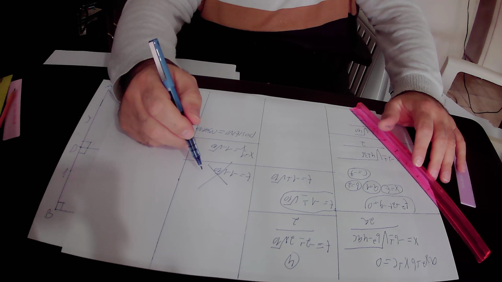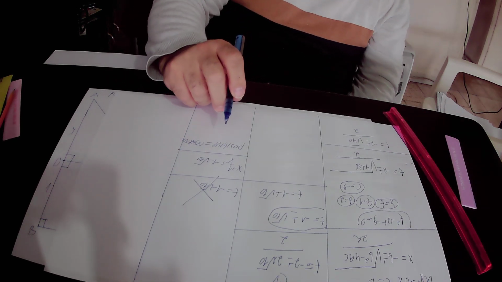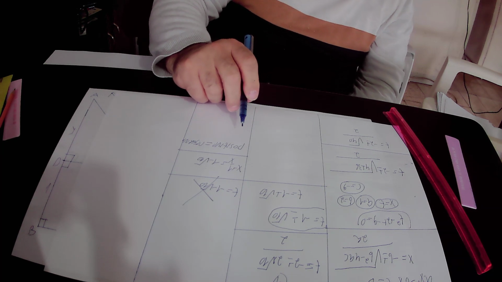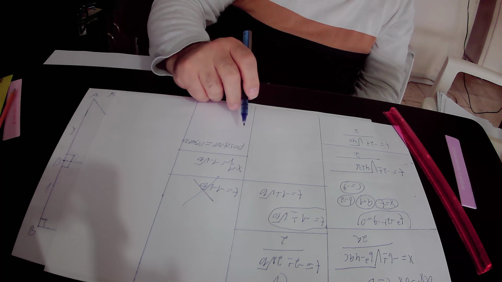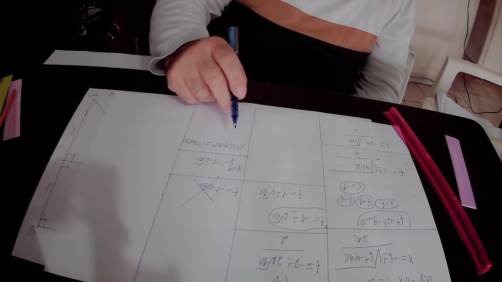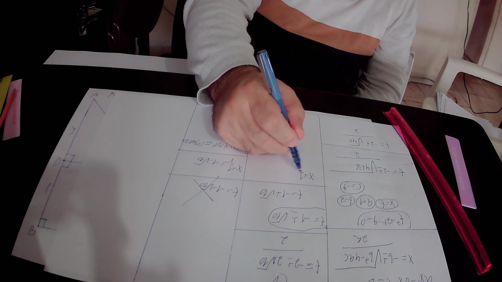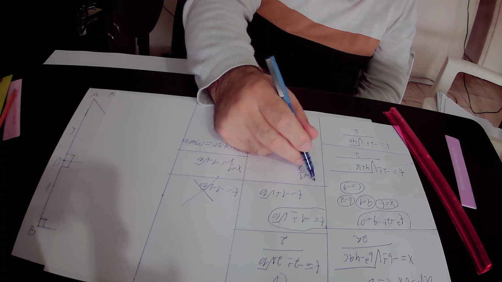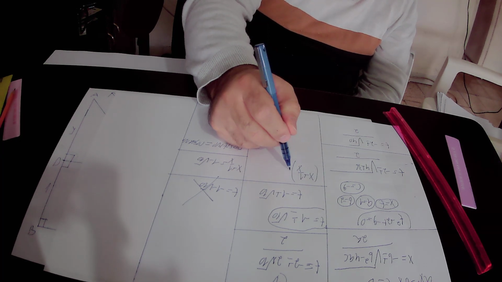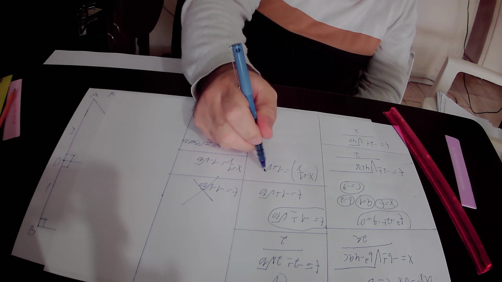So we will cancel this solution, and we are left only with the solution that t equals minus 1 plus square root of 10. According to our definition, t equals x plus 1 over x, and it equals minus 1 plus square root of 10.